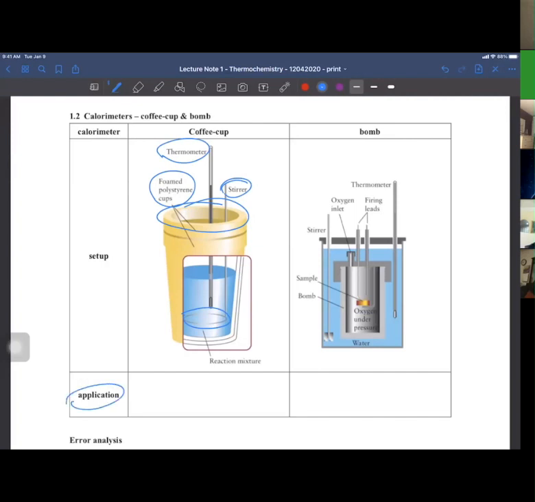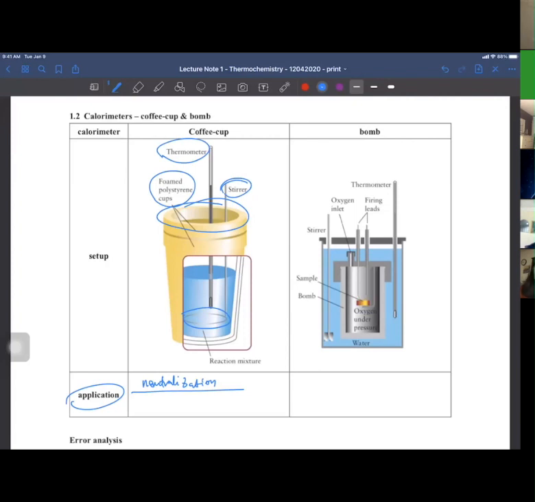So the application for this type of calorimeter is to measure the heat of a certain reaction, especially the reaction in solutions, in the aqueous solution. For example, the neutralization reaction, right? This is a good example. But think about if we have a reaction like this.